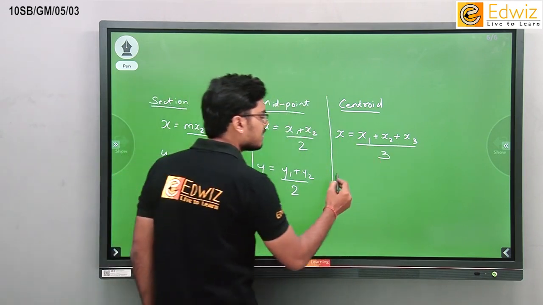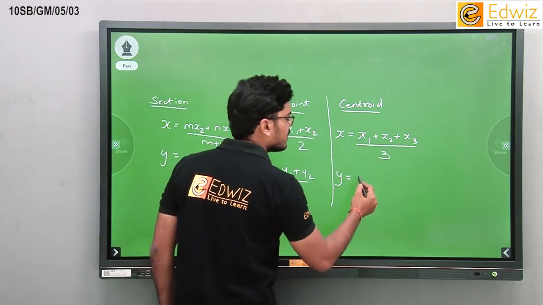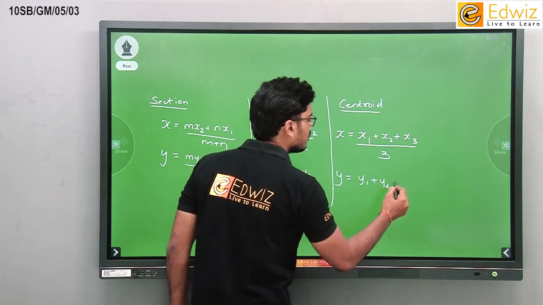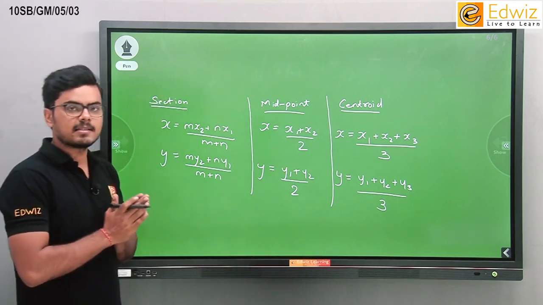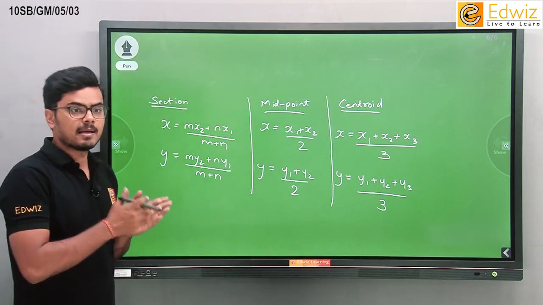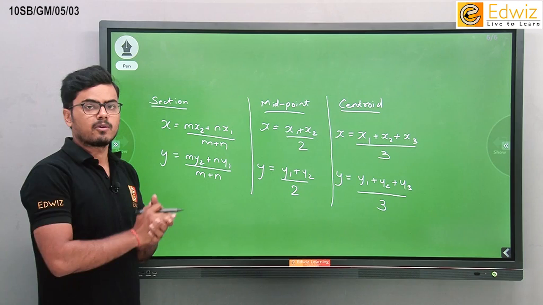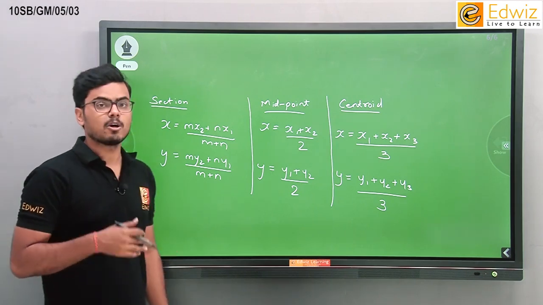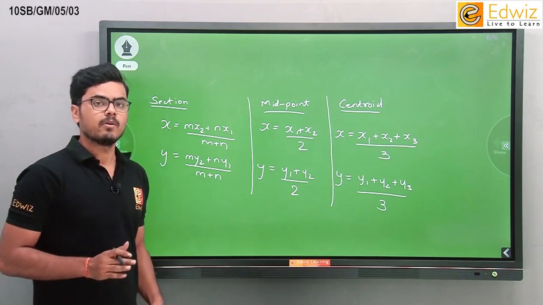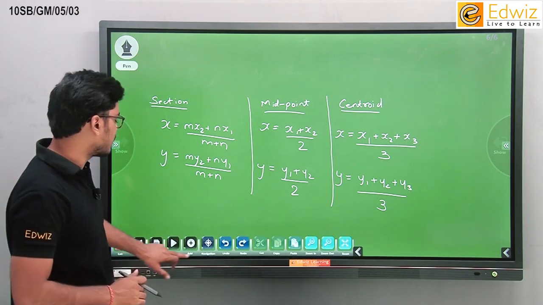And similarly, y coordinate of the centroid will be y1 plus y2 plus y3 divided by 3. Okay, so these three formulas are the formulas that we need to remember before starting the next exercise. Okay, now we will start with exercise or the practice set 5.2, which is the next practice set of your chapter.